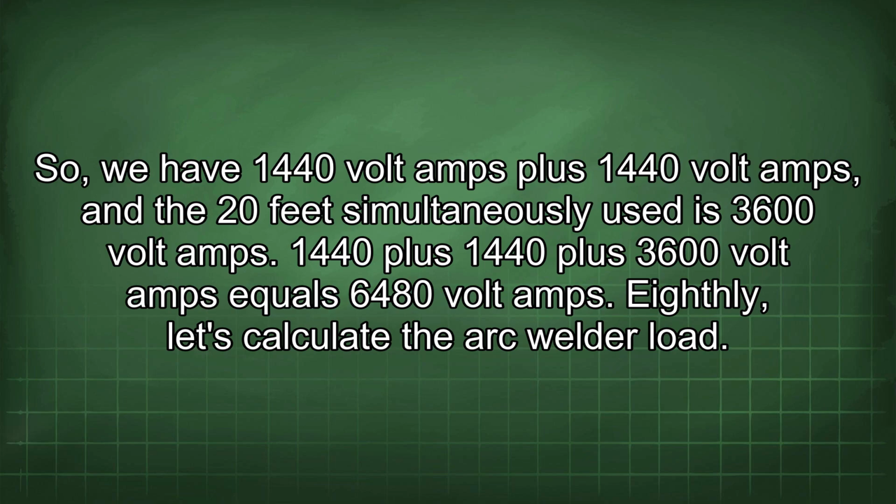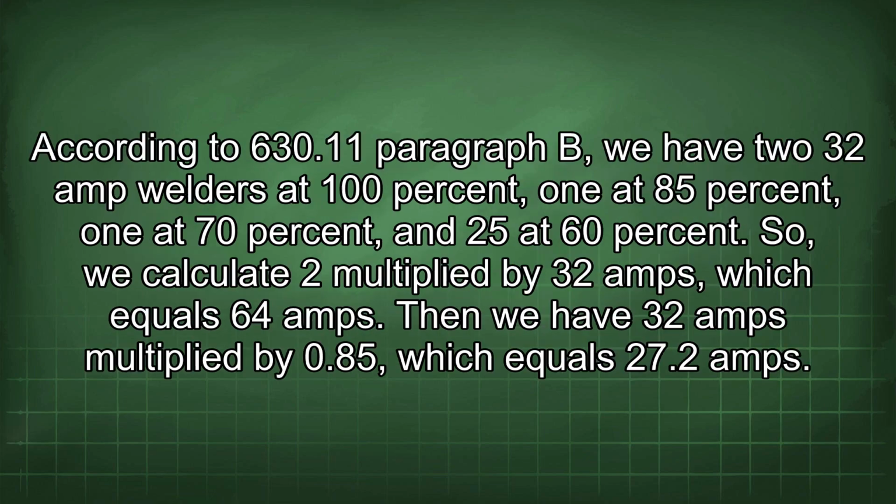Eighthly, let's calculate the arc welder load. According to 630.11 paragraph B, we have two 32 amp welders at 100%, one at 85%, one at 70%, and 25 at 60%. So we calculate 2 multiplied by 32 amps, which equals 64 amps. Then we have 32 amps multiplied by 0.85, which equals 27.2 amps.